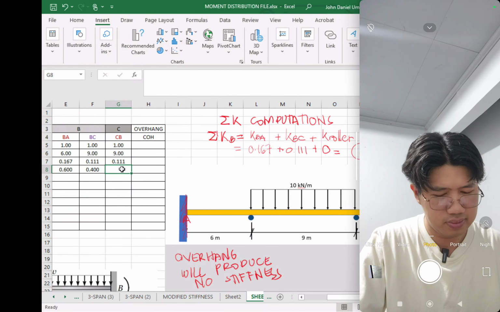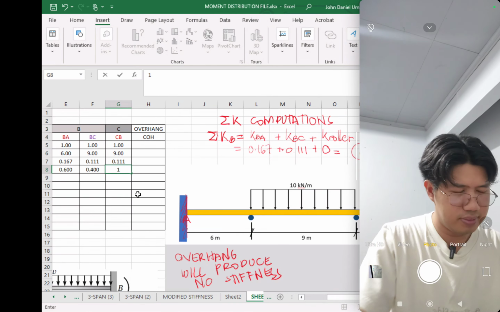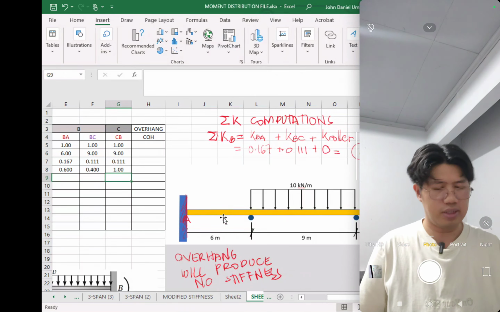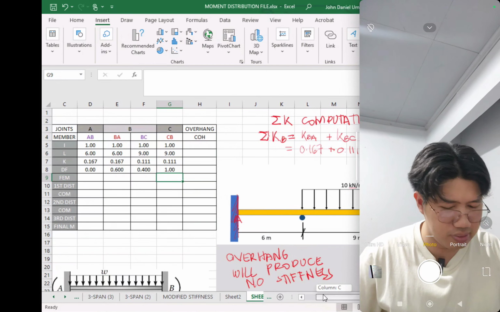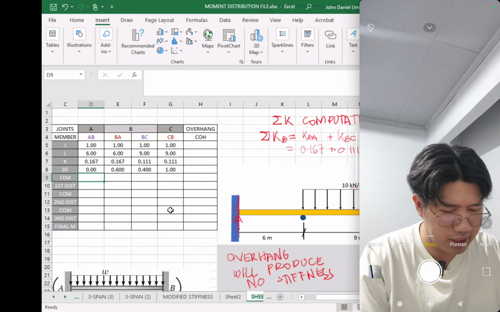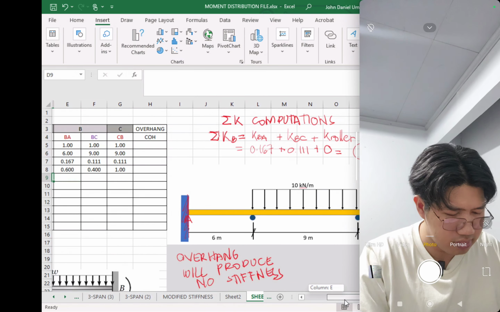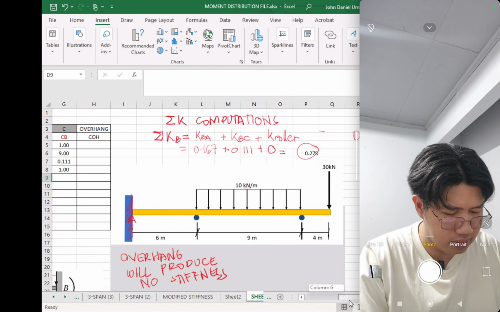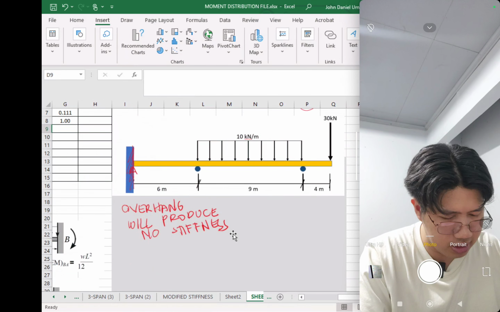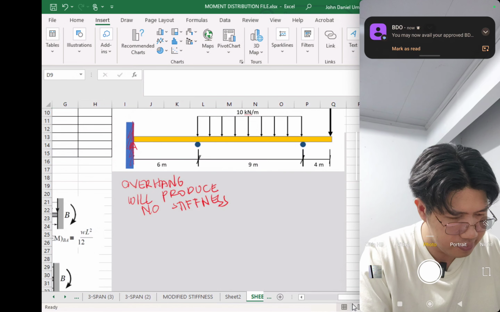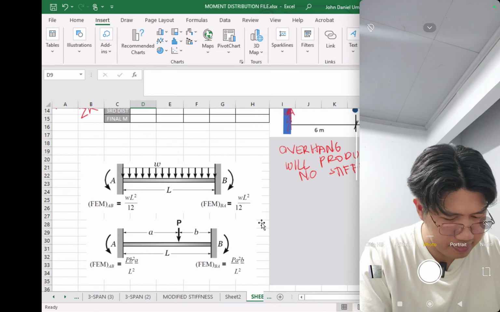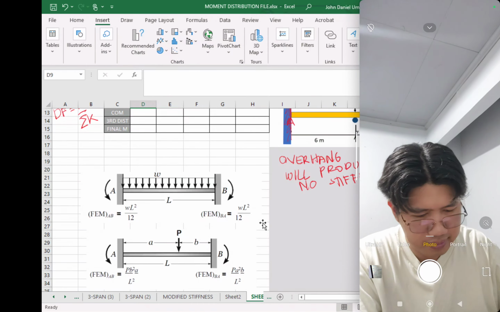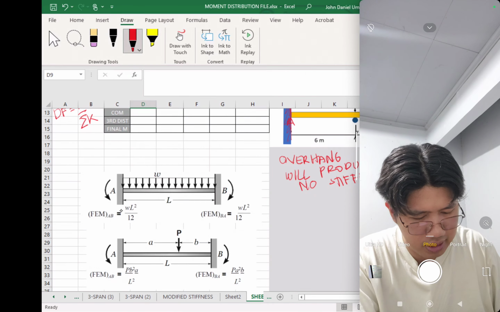Okay. So, for the overhang, you don't put any information. And then we solve for FEM. So, I have here the formulas for FEM.